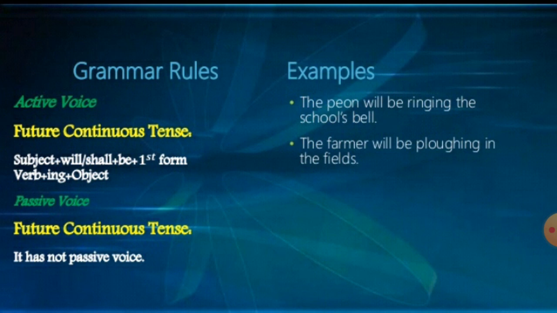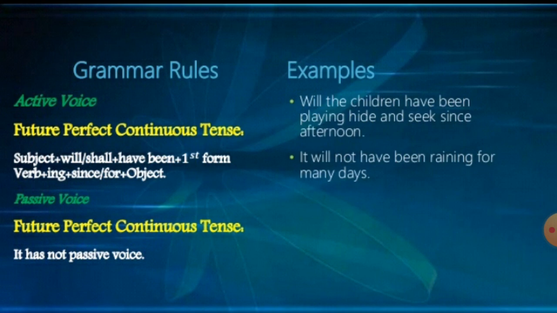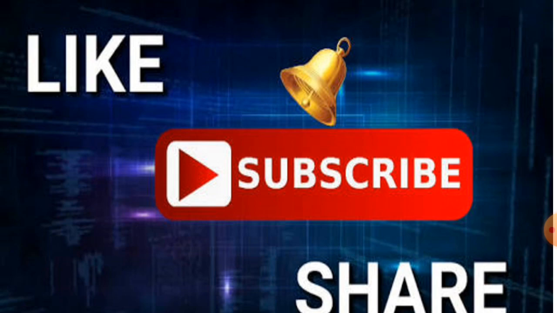It is impossible to change a future continuous tense into passive form. Next one, future perfect continuous tense. Subject plus will or shall plus have been plus first form of the verb plus ing plus since or for plus object. You should also keep in mind that a future perfect continuous tense cannot have a passive form.